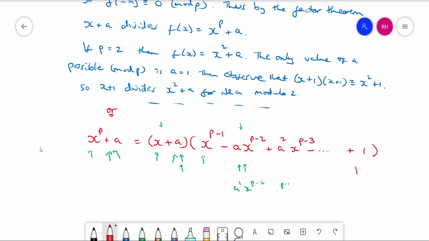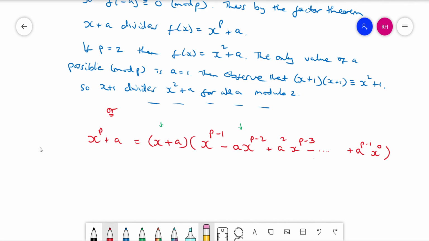You could write here, if you wanted, a to the p minus 1 times x to the 0. That's a better way to put it. Then there's a very logical pattern of how I've constructed that second factor.